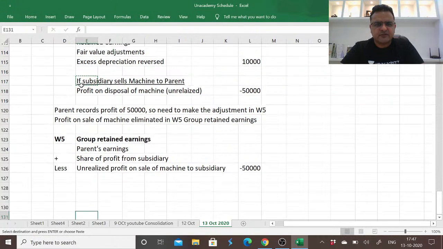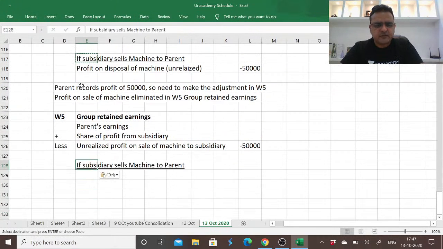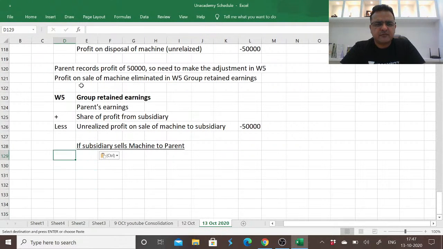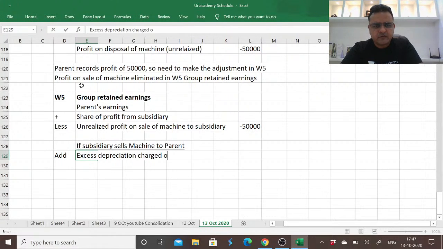And if the subsidiary sells the machine to the parent, the excess depreciation is in the books of the parent. So add back excess depreciation charge to machine, 10,000.